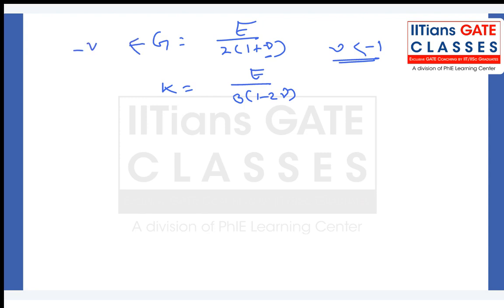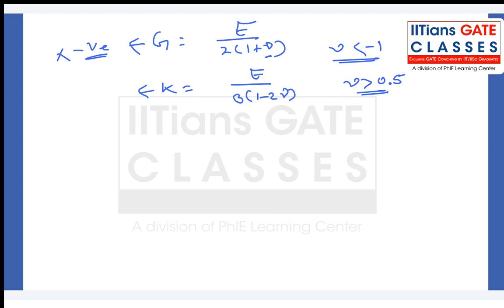These terms must be positive, so G must always be positive. What about nu? If nu is greater than 0.5, what is going to happen? The bulk modulus will become negative also, which is not correct.